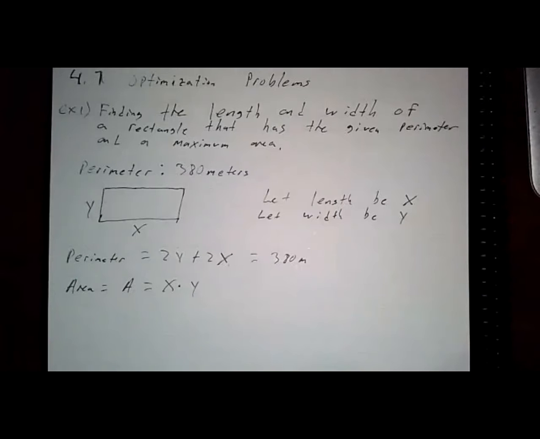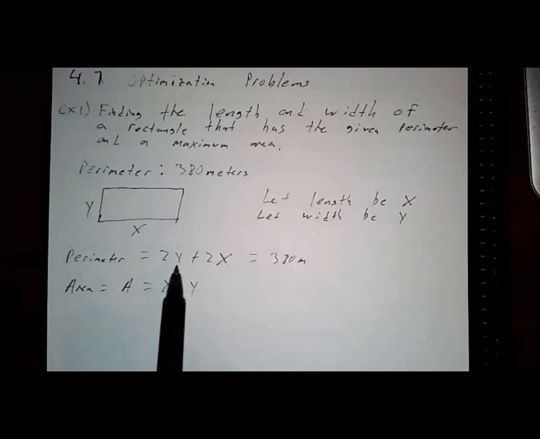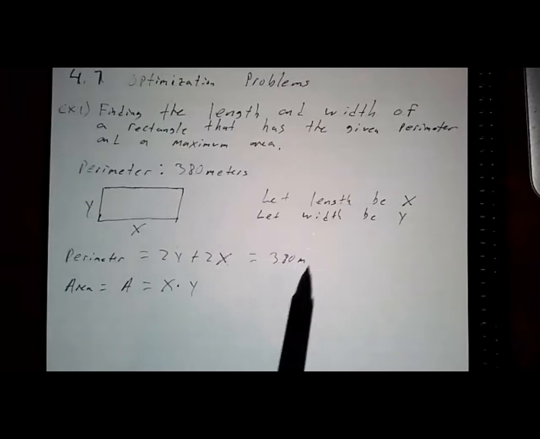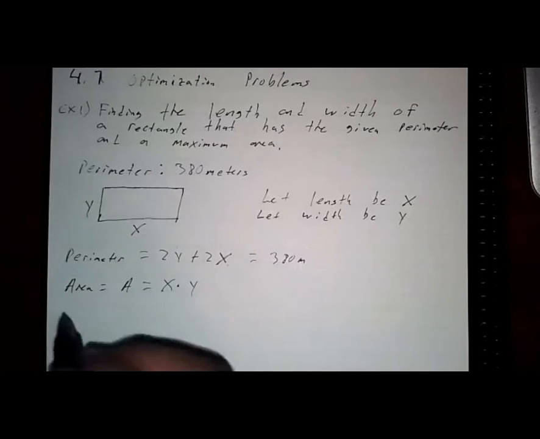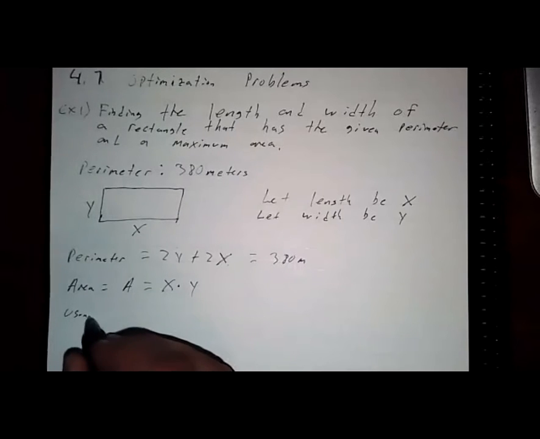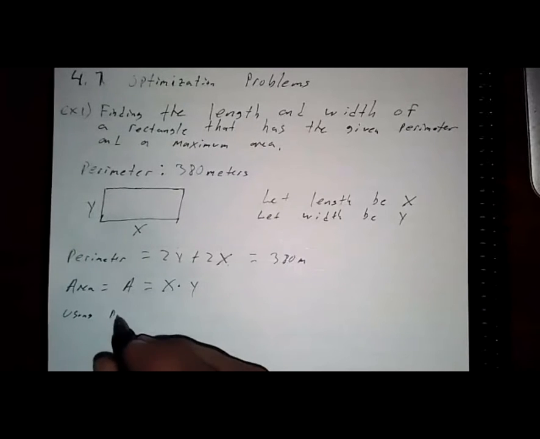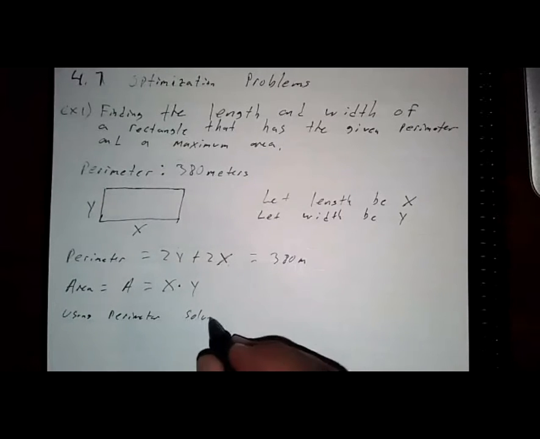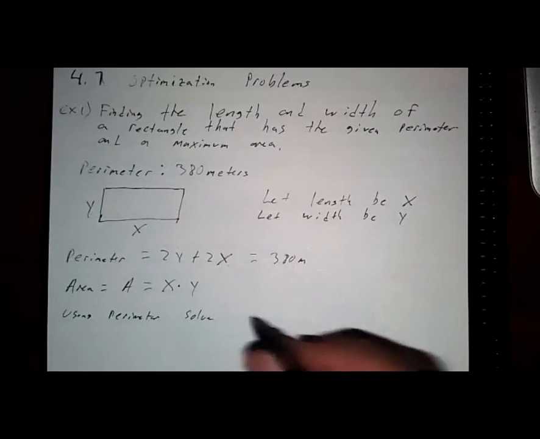Now, if I were to solve for y in this equation, what would y be equal to? I'm going to do this just because we may need to substitute. Using the perimeter, solve for y, and then we can look for dy/dx. That's why I'm doing this.